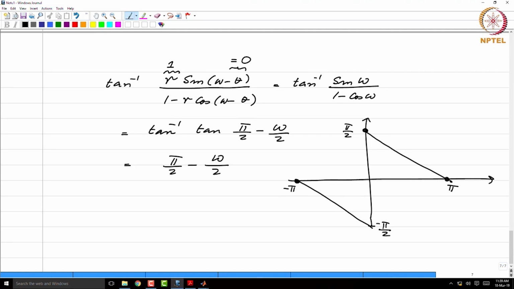And from this, the inferences you can draw are: when the 0 is on the unit circle, you see a phase jump of pi. Remember, this difference is precisely pi. So, this is one inference you can draw, and the location of the jump corresponds to the location of the 0.